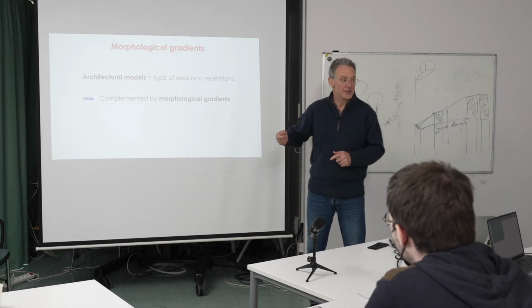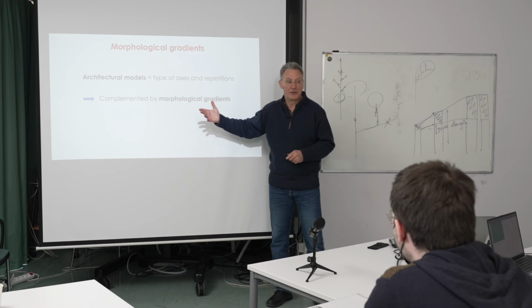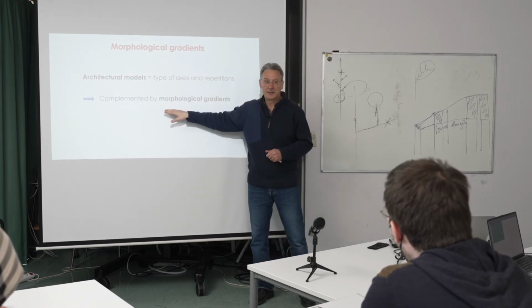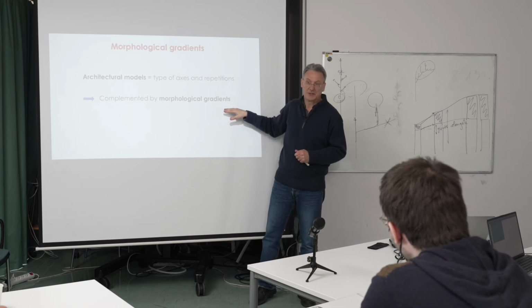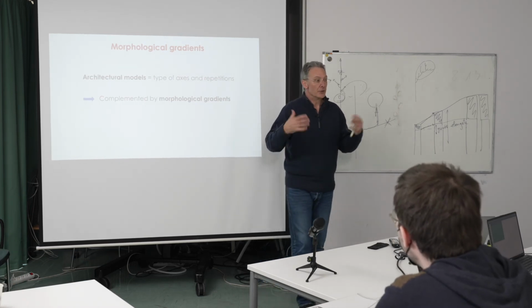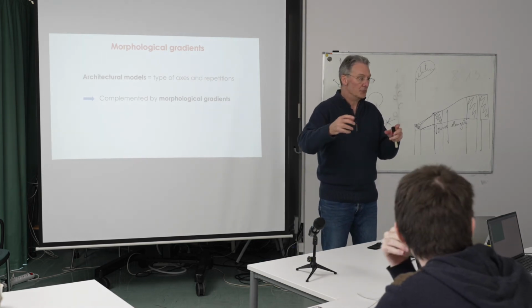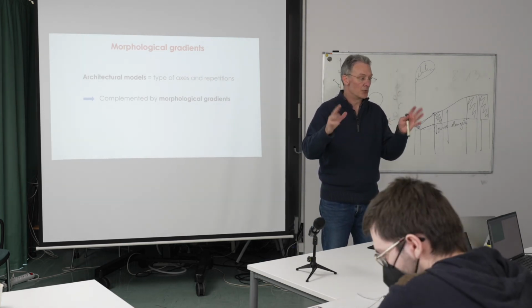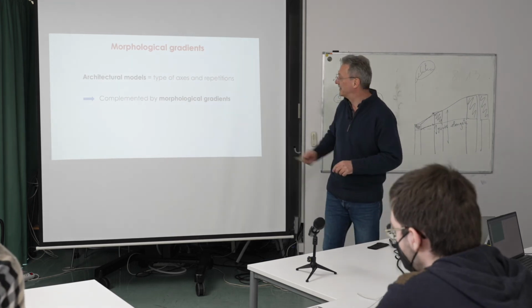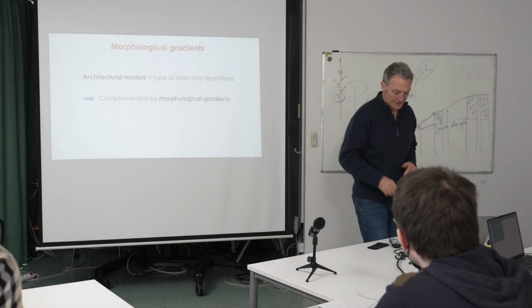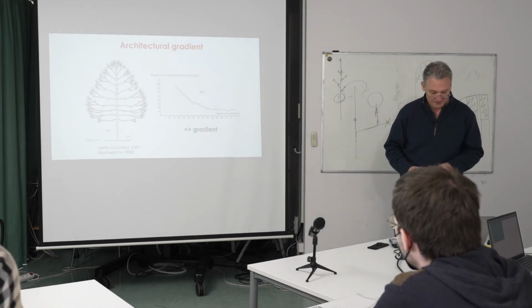If you look into the details, you will find complementary information. And this complementary information may be linked with what we call morphological gradients, which are not only the fact that the axis will be of order 1, order 2, and with such and such qualitative traits, but that there will be quantitative gradients within these systems.